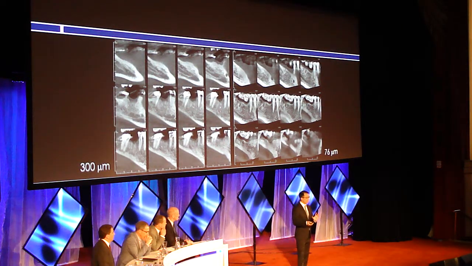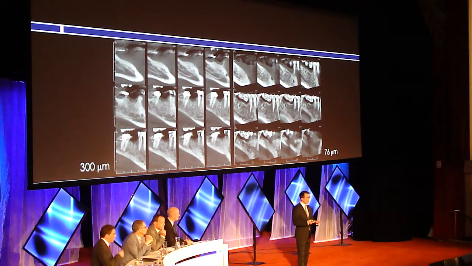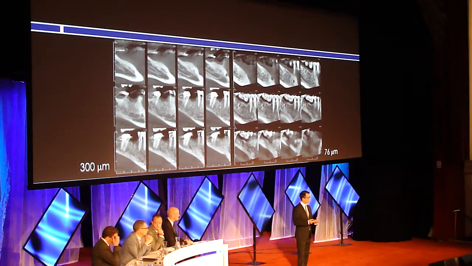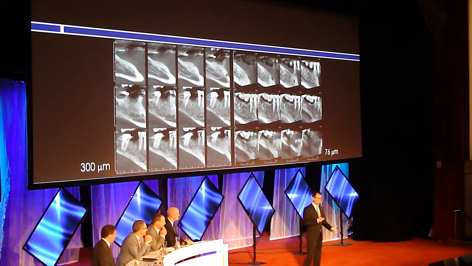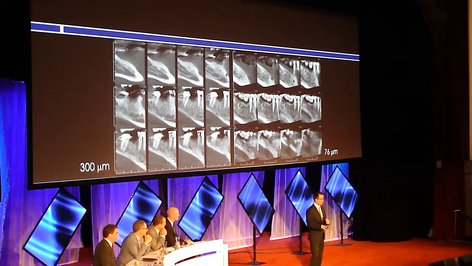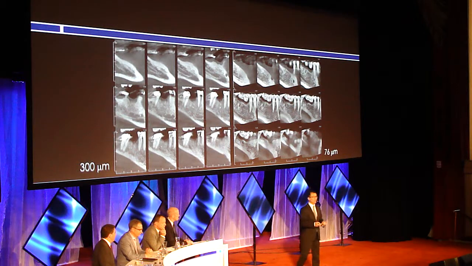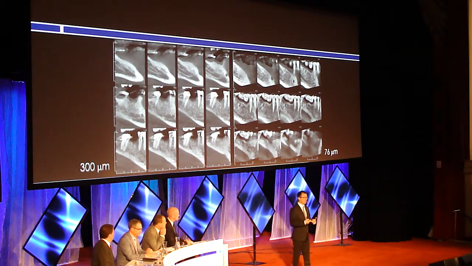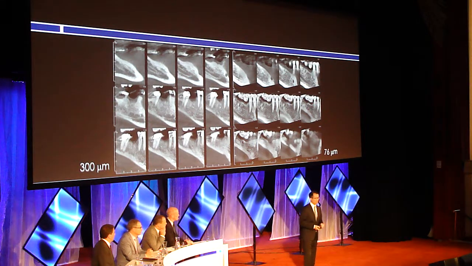So the voxel size was 4 times as big, and you can see that there is some loss of trabecular detail. Now the question is, does the 300 micron voxel size produce less diagnostic images than the 76 micron voxel size? Well, unfortunately, we don't know quite yet. But many studies are underway to try and bring out answers to those questions.